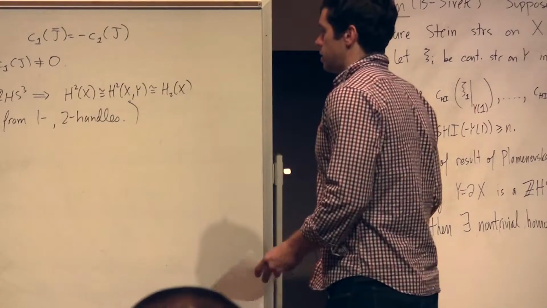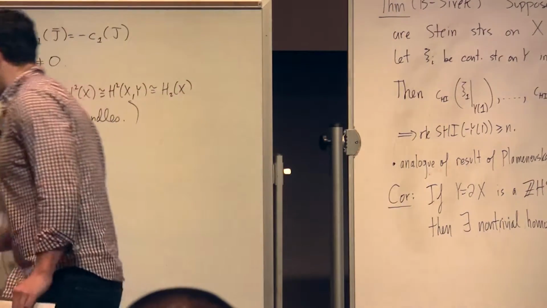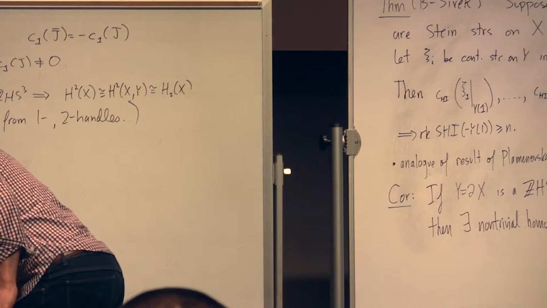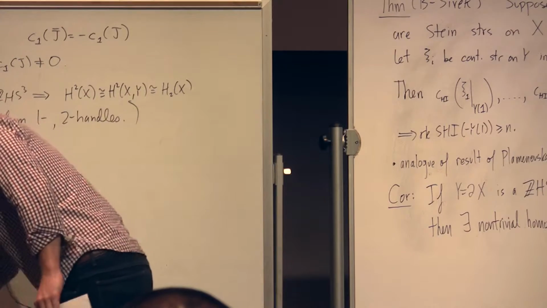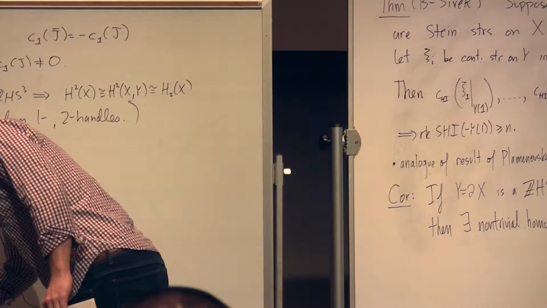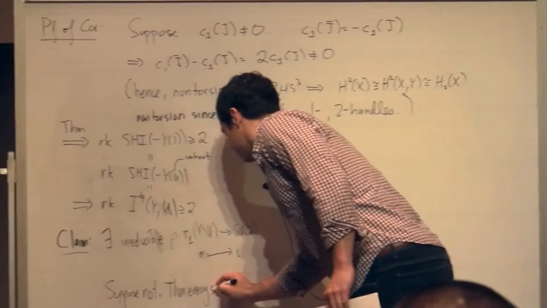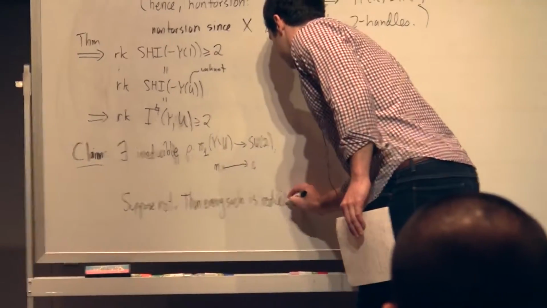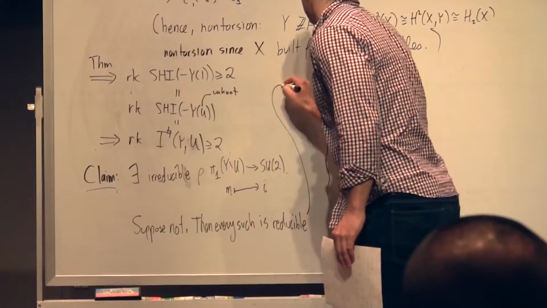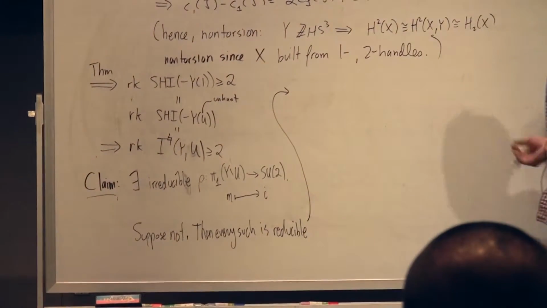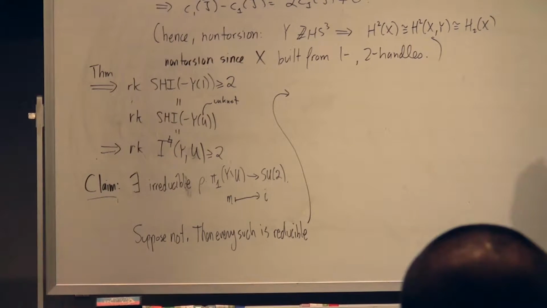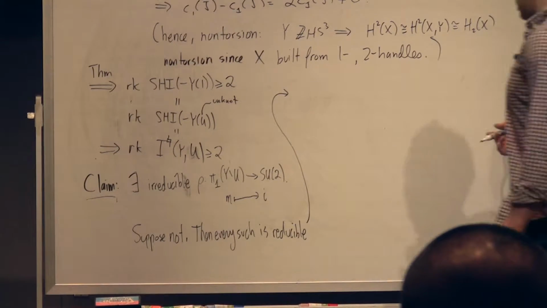Okay, so how do we show that? Well, suppose not. Then every such homomorphism is reducible, which actually implies that it has image in U1, essentially. So it's abelian.